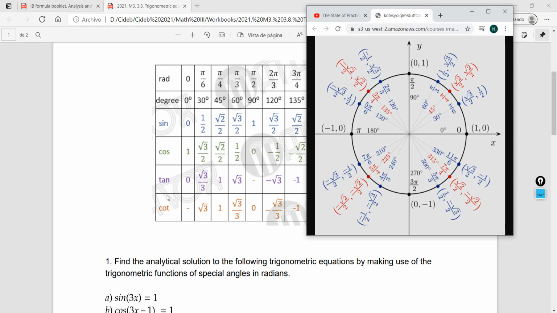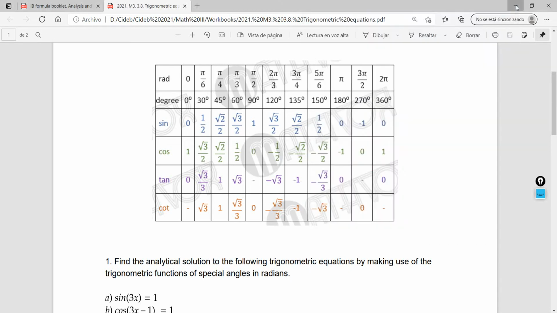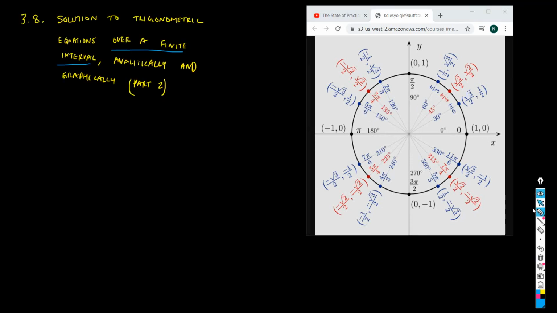I'm going to also put this image in the workbook, and these are all the trigonometric functions of these special angles: pi over 6, pi over 4, pi over 3, pi over 2, 2 pi over 3, etc. All the angles in the second, third, and fourth quadrant can be understood as multiples of these 5 angles, from 0 to pi over 2. So that's it, basically.